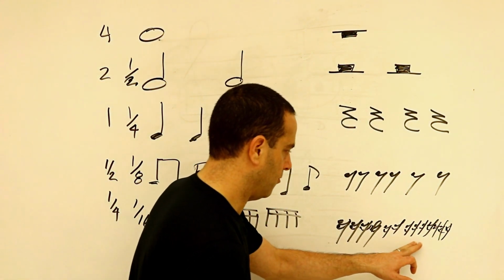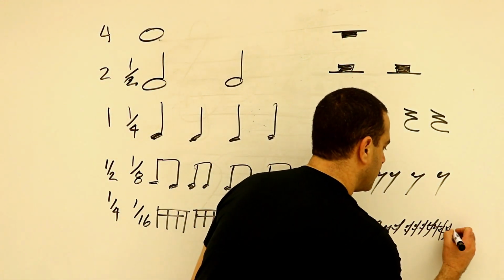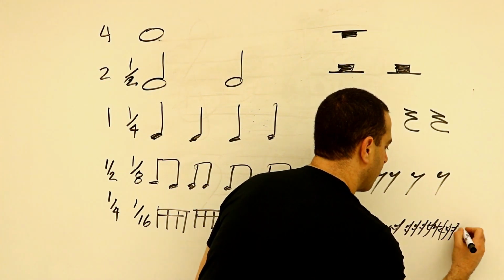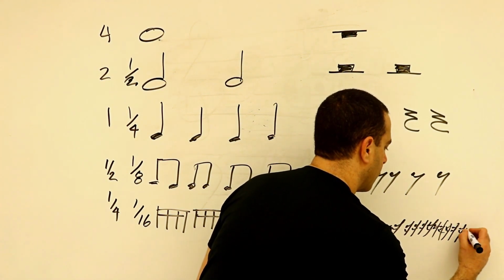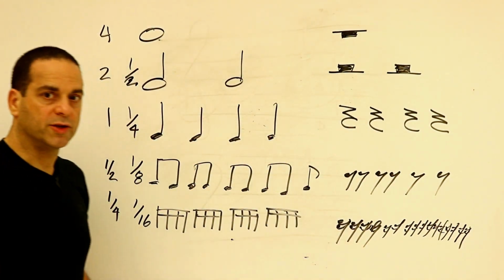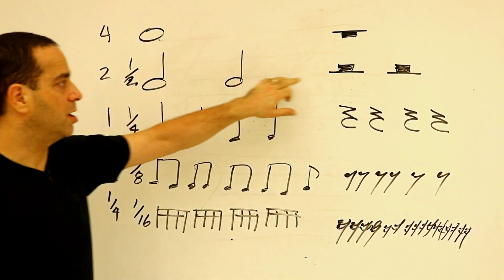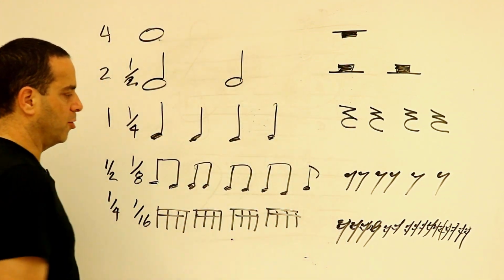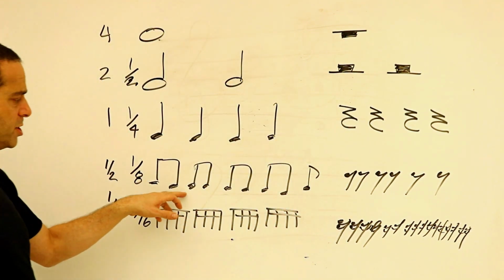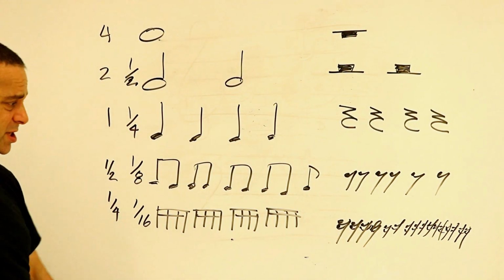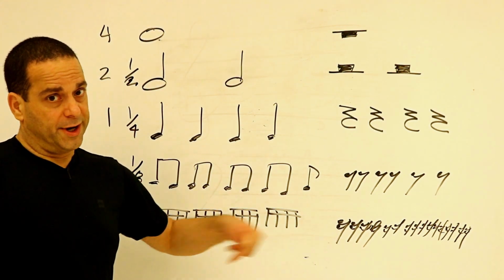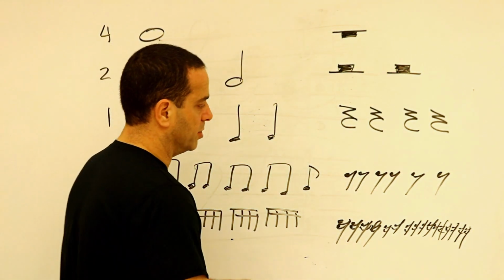Can't even count them. And so that's how our rests work. Notes and rests. These are all the same size, and each of these takes up 4 beats. The reason we tie these together is it makes it easier to see. As we saw down here, it gets really confusing really quickly.